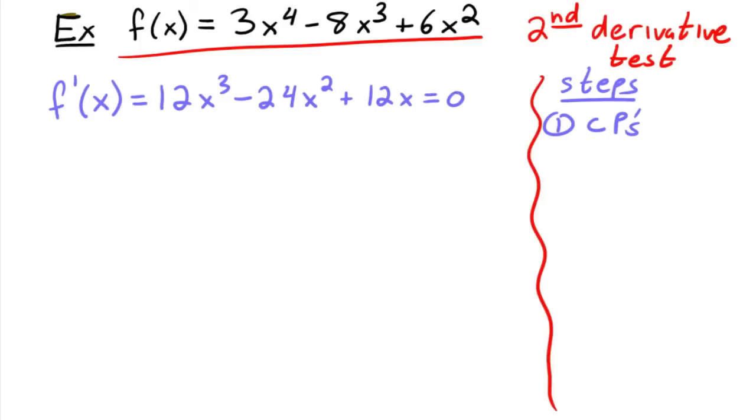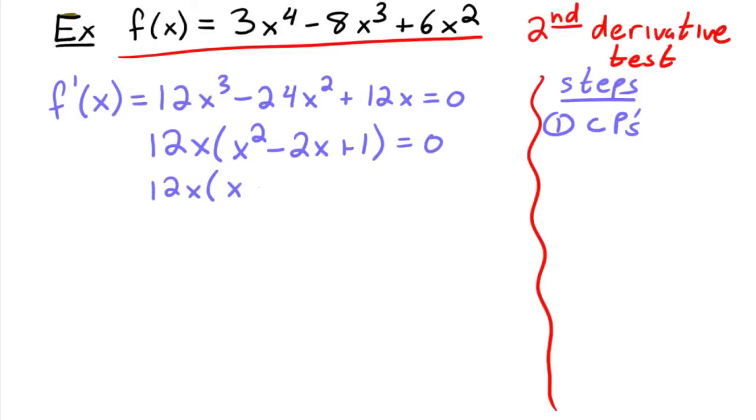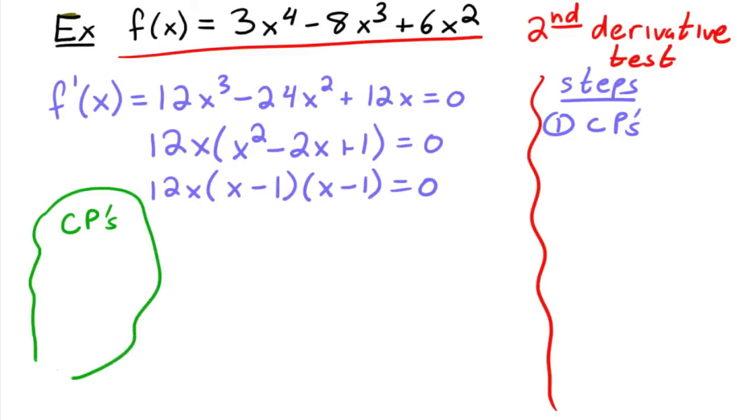We set this equal to 0 and solve it. We factor out a 12x, and that leaves us with x squared minus 2x plus 1 equal to 0. We can factor this one more time into x minus 1 times x minus 1 equals 0. So our critical points are x equals 0, and x equals 1.